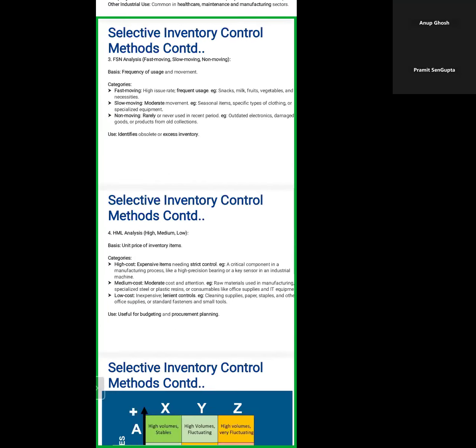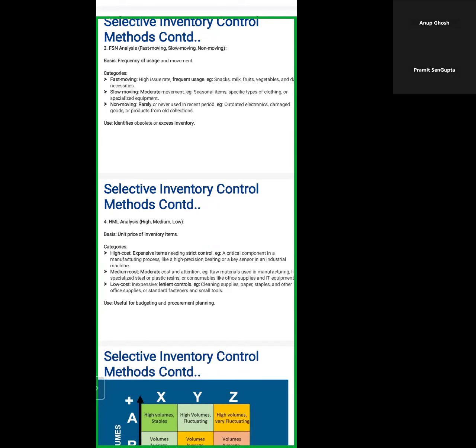Our next topic of discussion under the selective control method will be HML analysis. HML, as we can see in our PowerPoint, discusses high, medium, and low issue of stock. Now, the high cost category of inventory needs strict control.